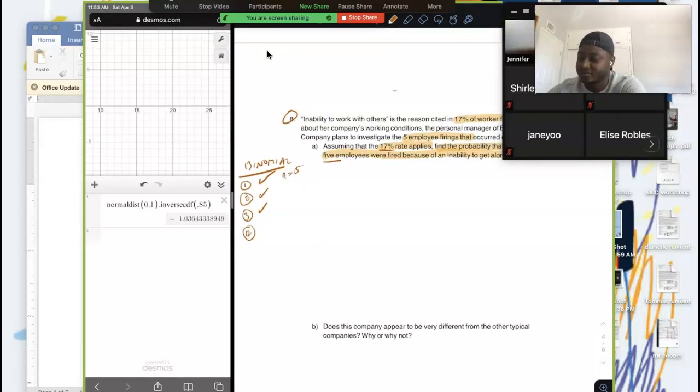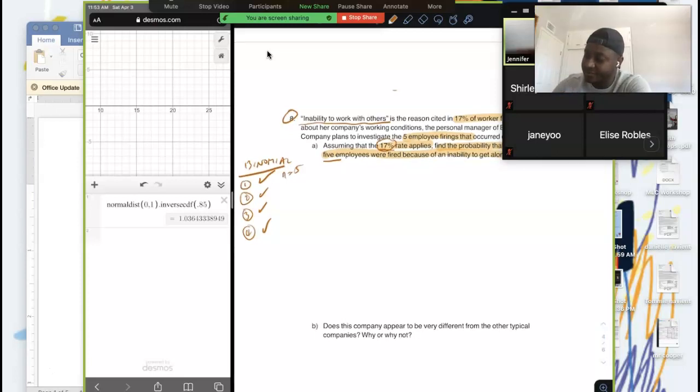So we're not assuming anything, right? Just going off the information that the problem gives us. So what is the rate of firings that are due to inability to work with others? 17%. So that's the same, right?